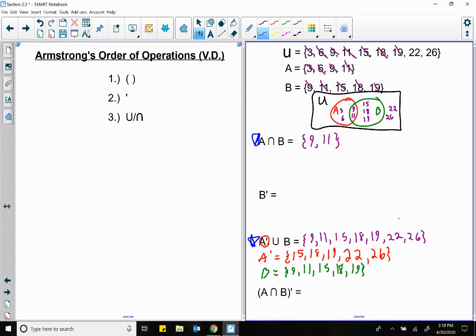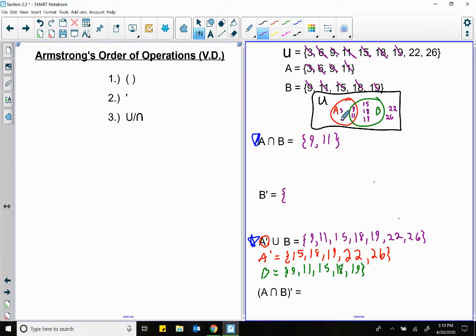Okay. So B complement just means give me everybody that is not in B. Because there were no parentheses and no union or intersect, you're just focusing on the complement. So if we look up here, I need all the numbers that are not within the green circle.